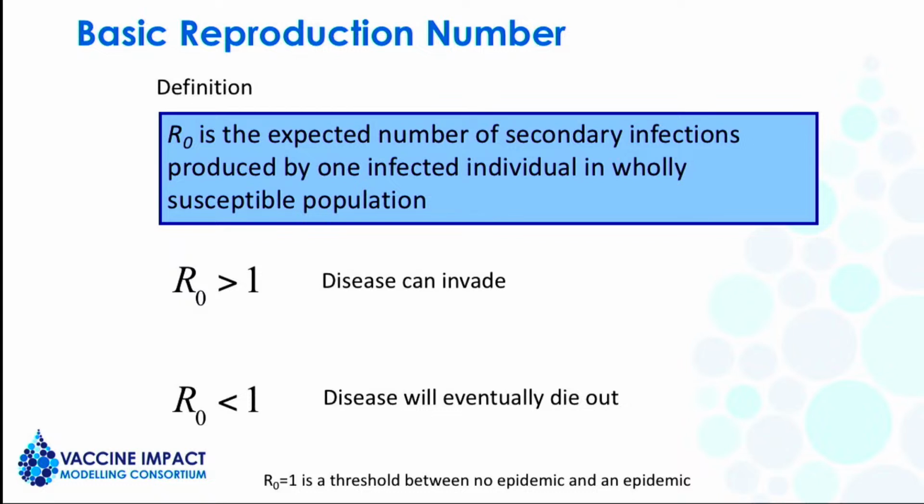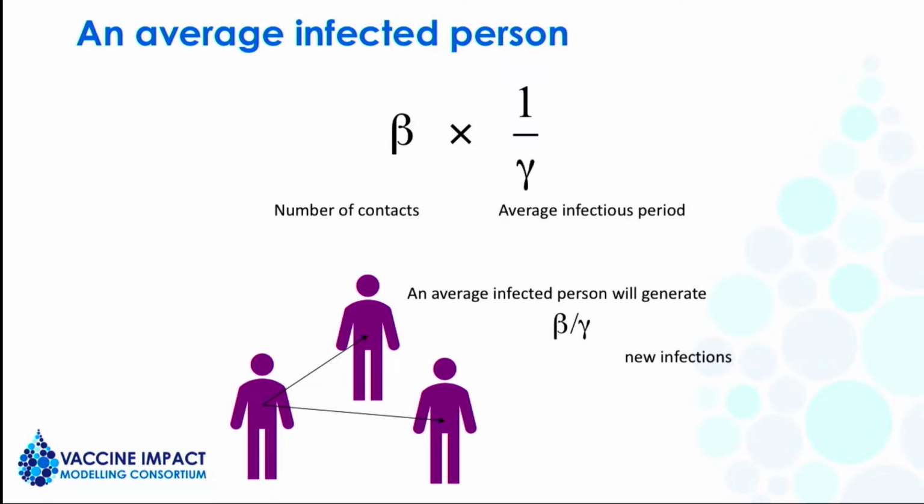So it's the expected number of secondary infections given one infected individual. Here we're talking about the average infected person. So on average, and this is where it gets a little bit weird, on average, we've got one infected person. We're thinking about who are they going to infect before they recover.